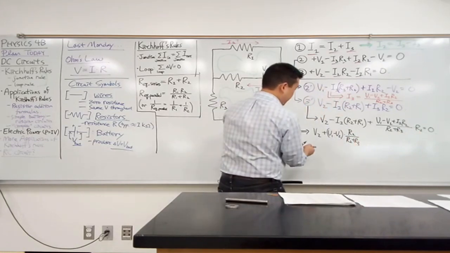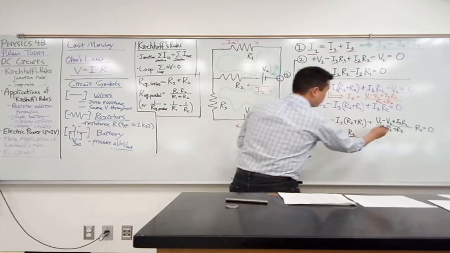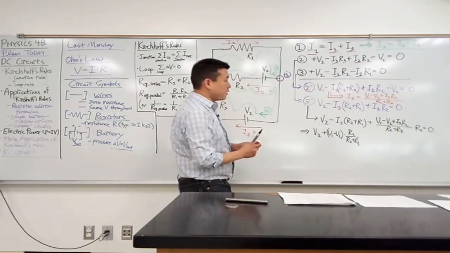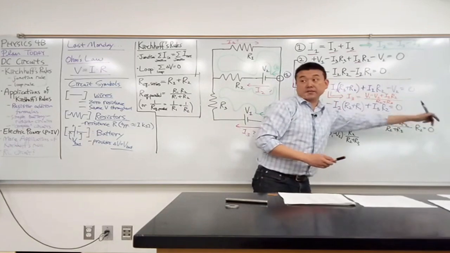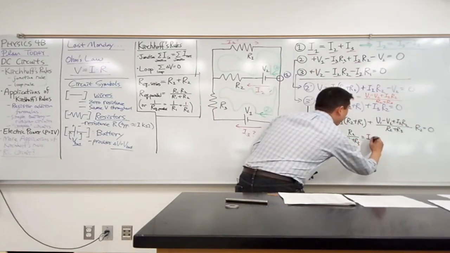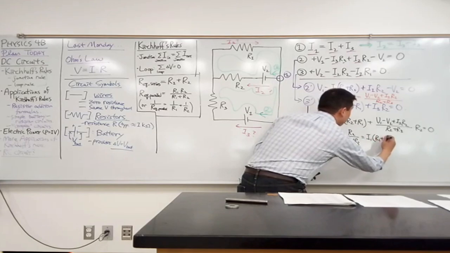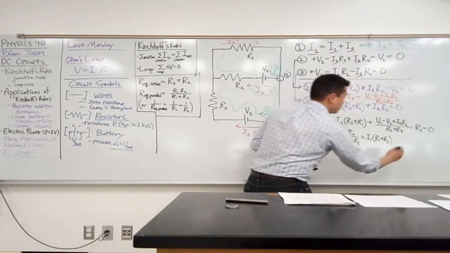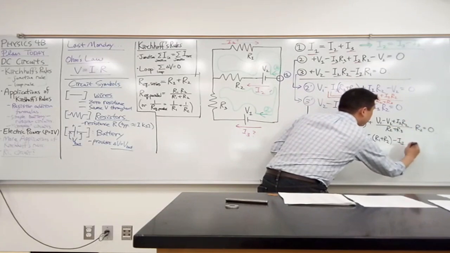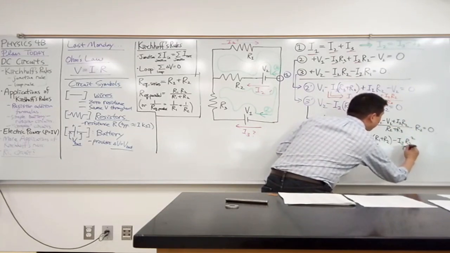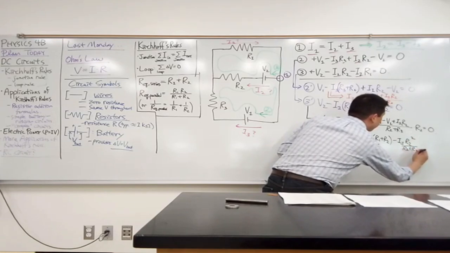So those terms I have taken care of. 1, 2, 3. All right. And the other terms, I'm going to move to the other side. So it'll be plus I1 R1 plus R2. And then this will become minus I1 R2 squared over R2 plus R3.